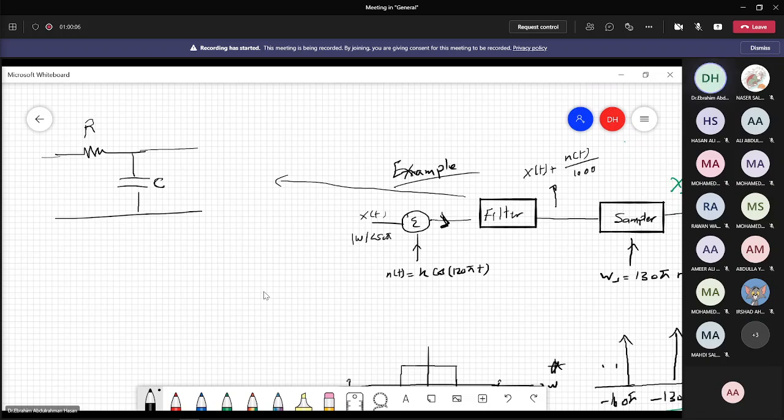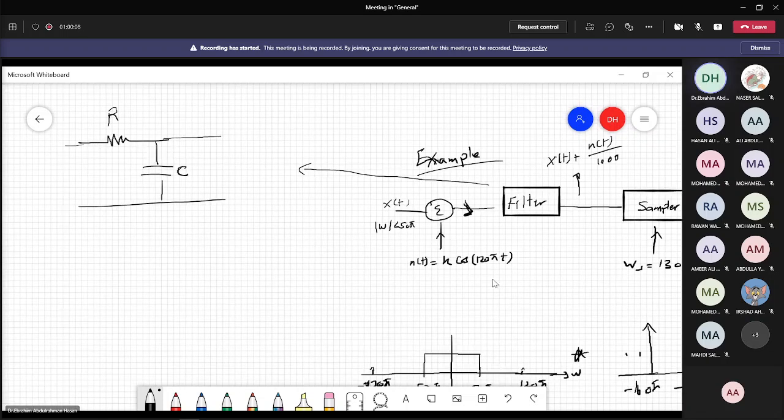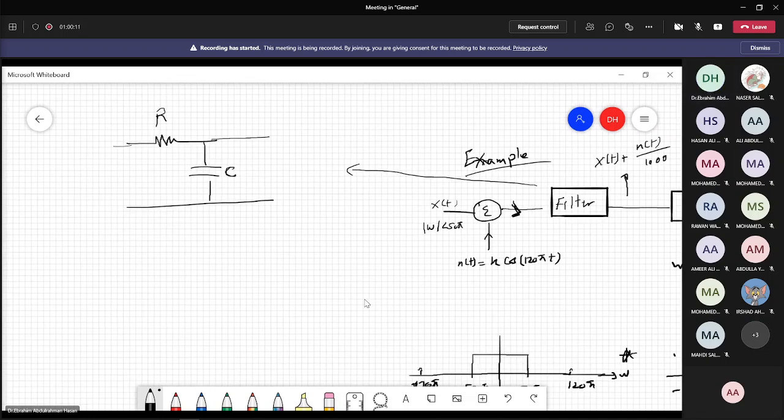How to do this? I need to find h of omega for this one. And what is h of omega? The frequency response. So I need to work in the frequency domain for this. This is equal to R, while this one is equal to 1 over j omega c. This is a very cheap filter, with R and C. So what is h of omega for this one?